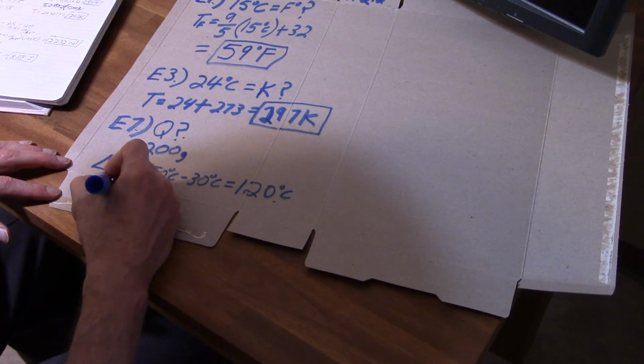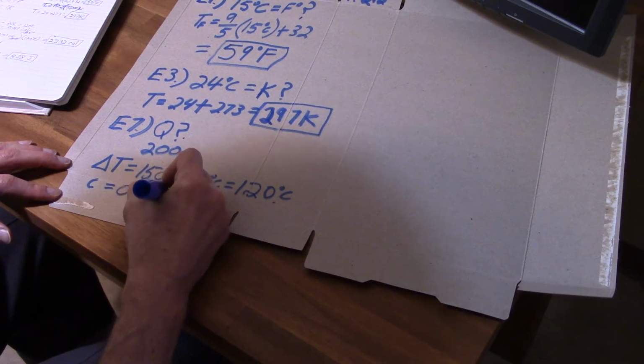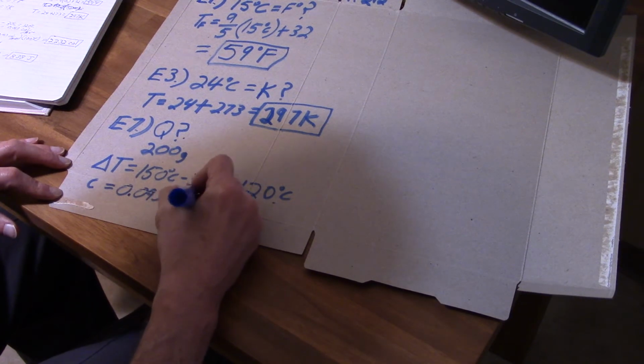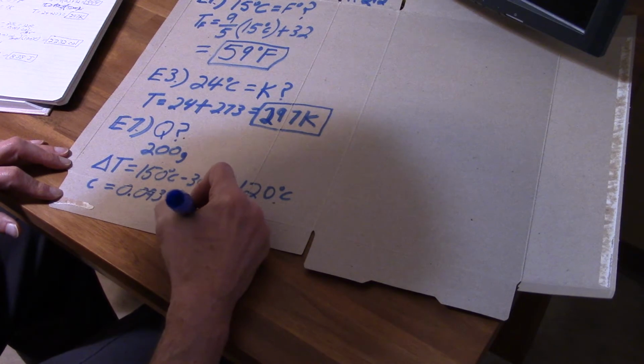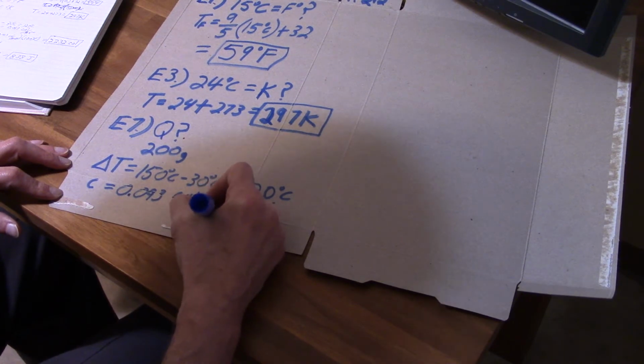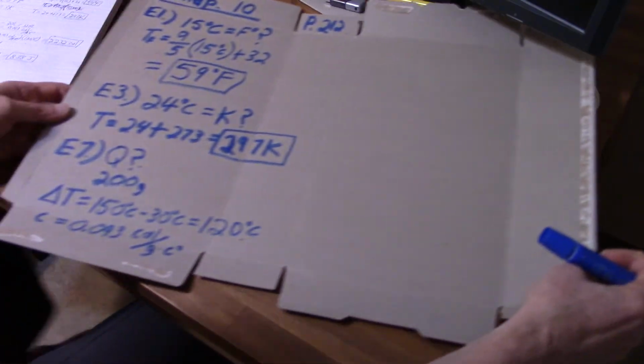C for copper is equal to 0.093 calories per gram degrees Celsius.